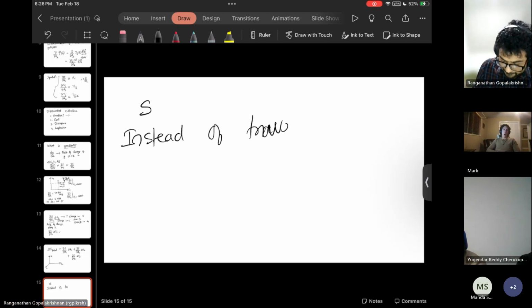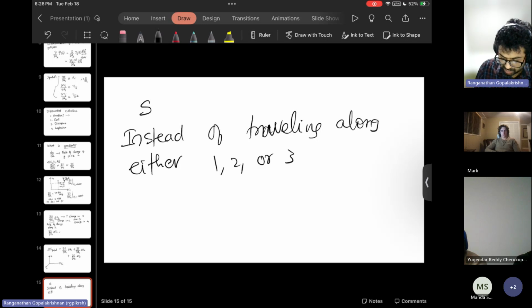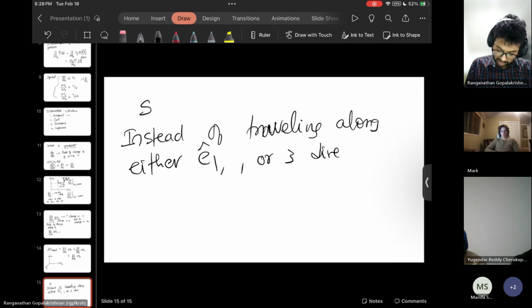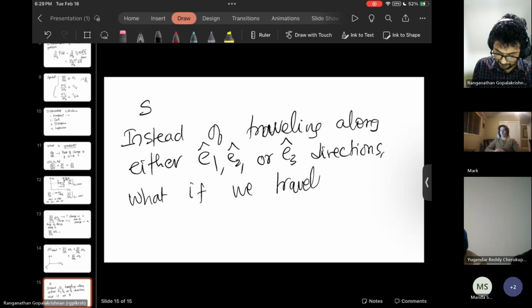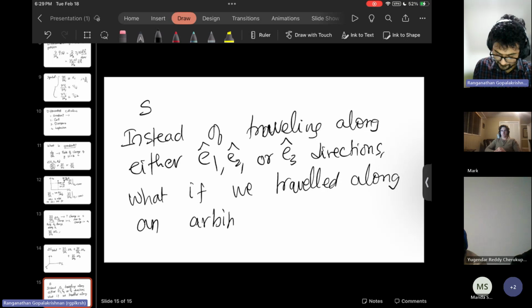Now, if I think of S, the quantity, and instead of traveling along either 1, 2, or 3 directions, that is E1, E2, or E3 directions, what if we traveled along an arbitrary direction?